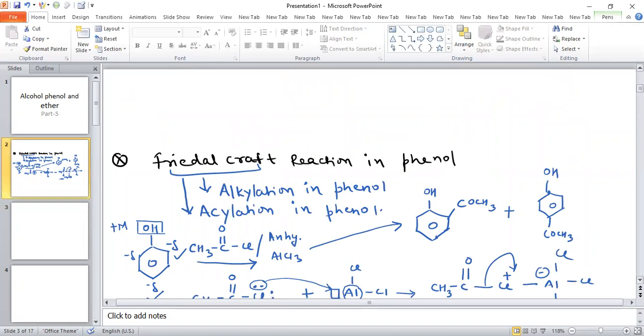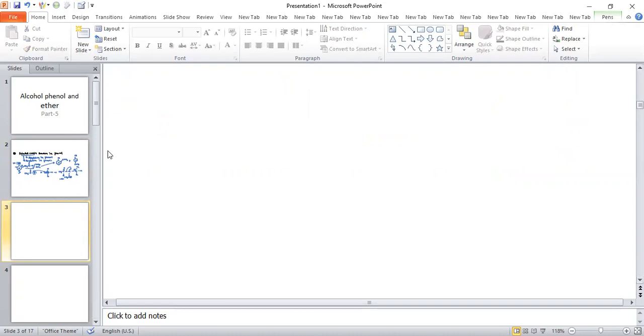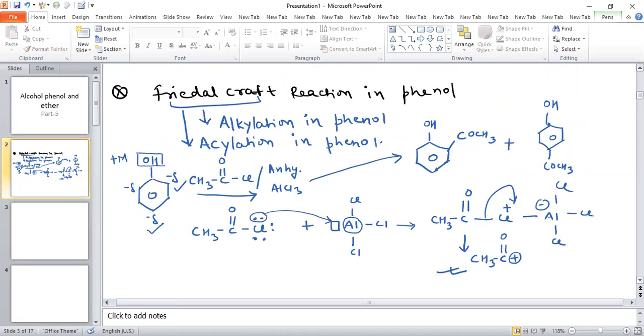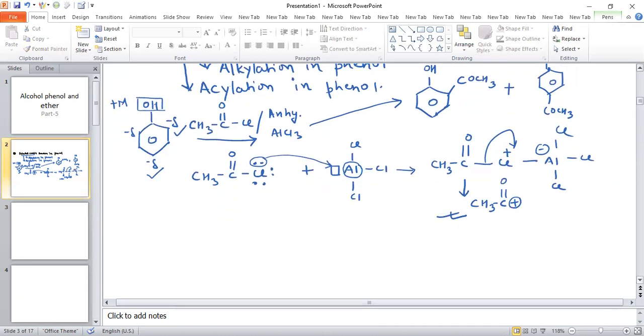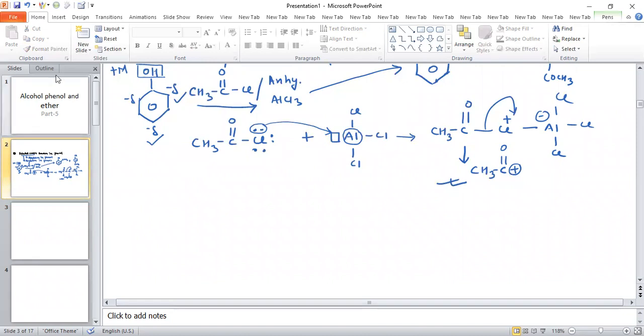Now you can also see another method for the preparation. I am going to discuss another method. You can use another reagent if you have phenol: an acid anhydride.